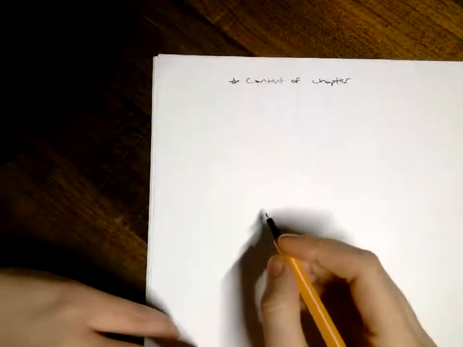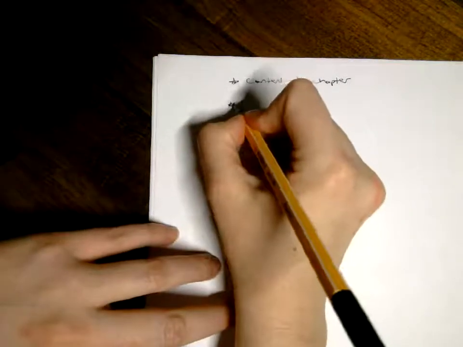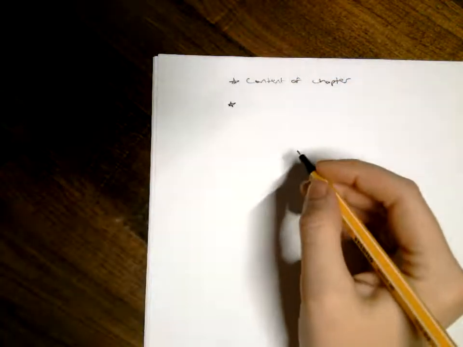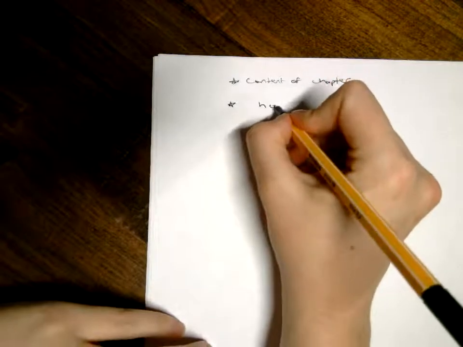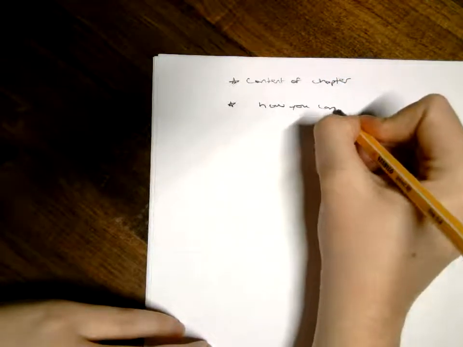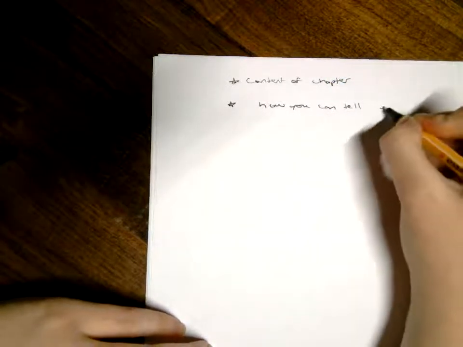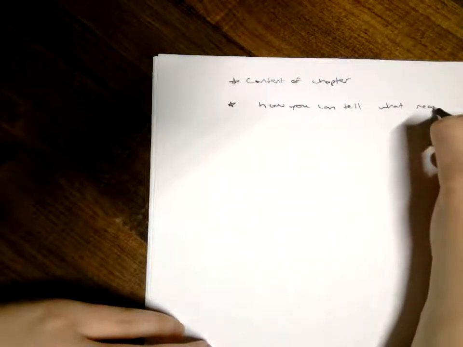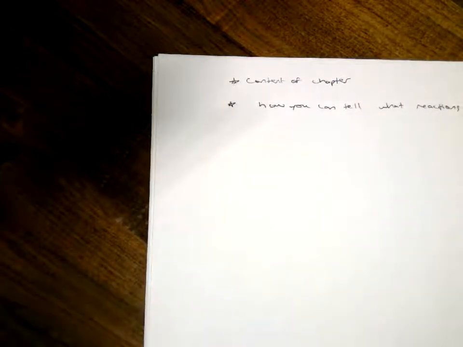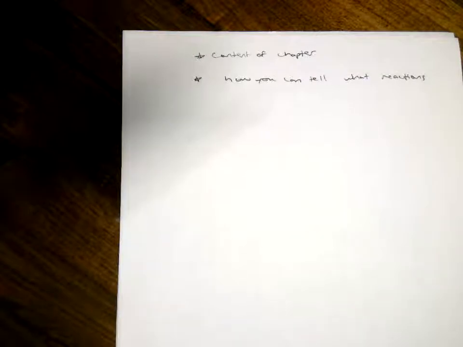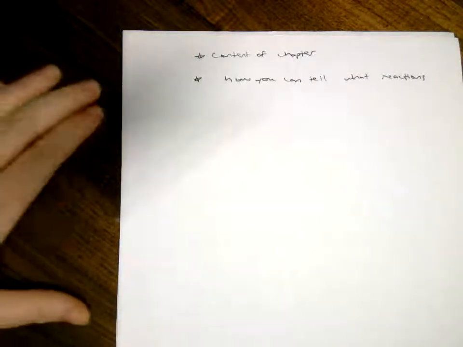I'm going to go over that a little bit more. And then I'm going to go over how you can tell what reaction is happening. I just have a few tips and tricks for that. So that's kind of the plan for this video.